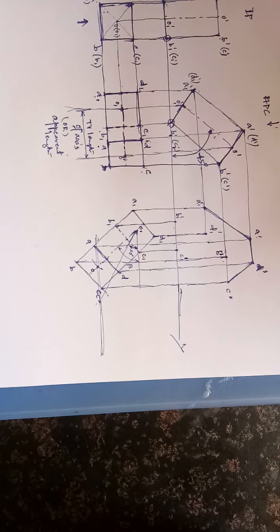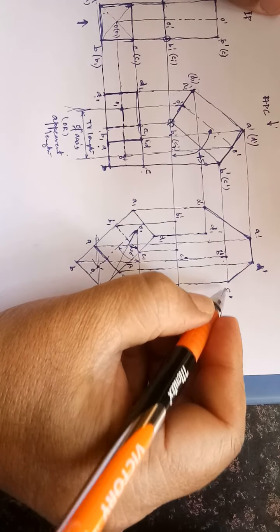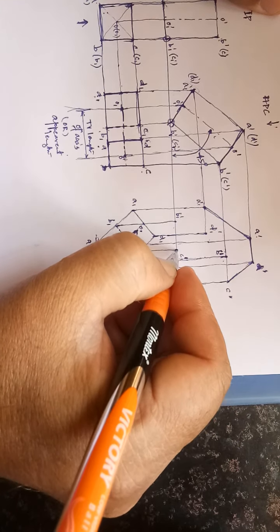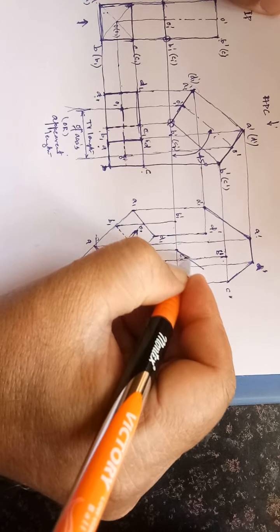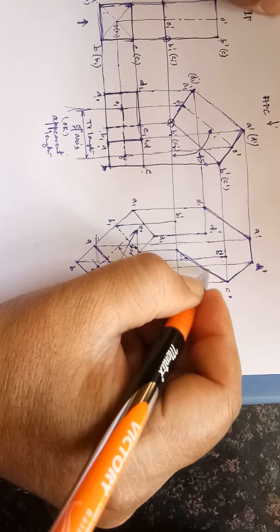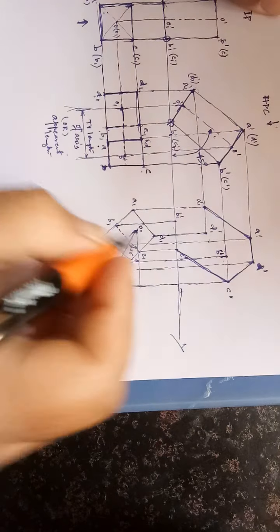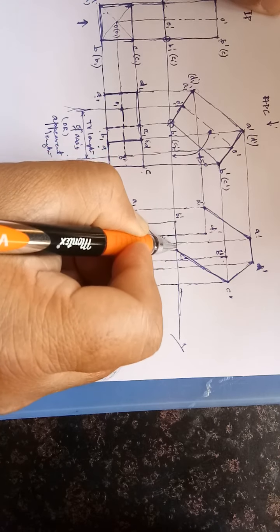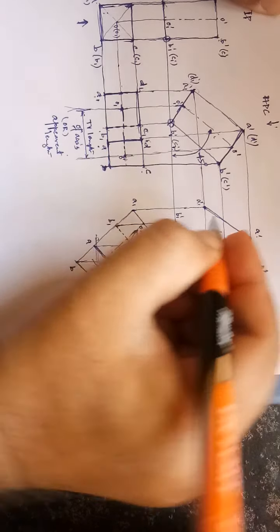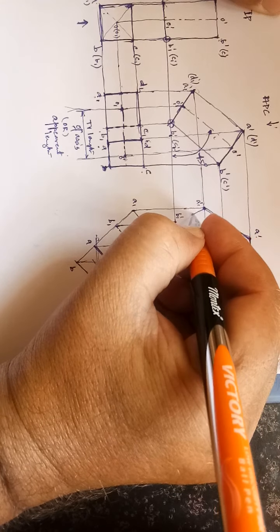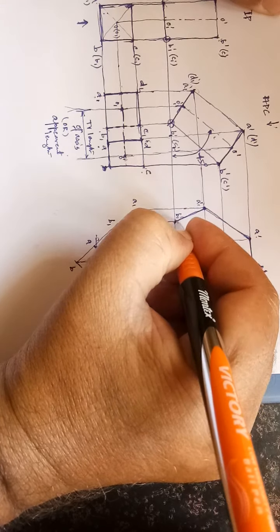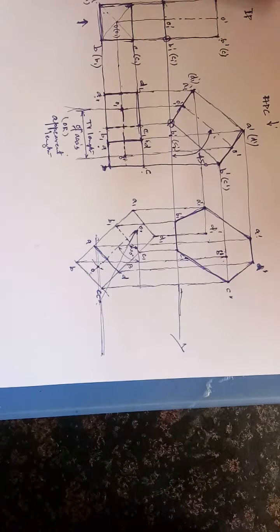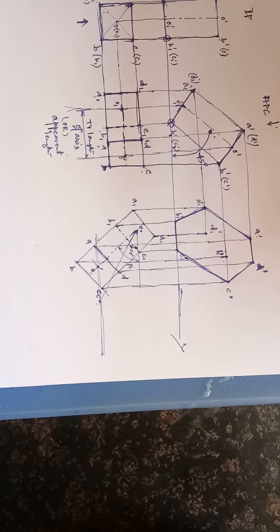So this must be in dark lines. Next is C dash and C1 dash. Okay, next C1 dash and B1 dash. Next is B1 dash and A1 dash. So this will be the outlines. So all outlines are visible lines.